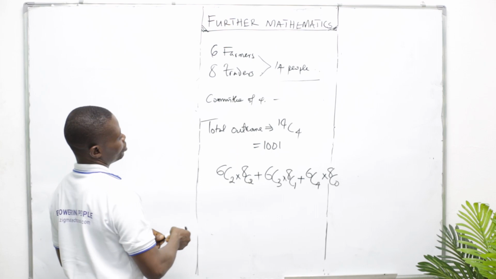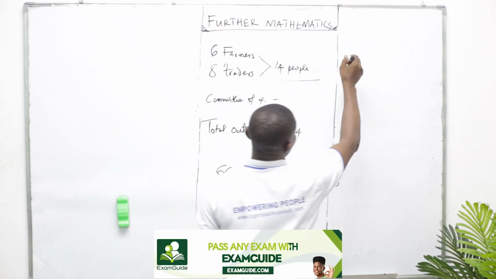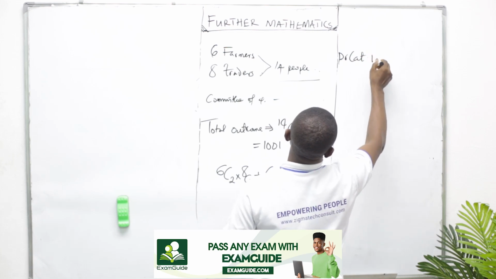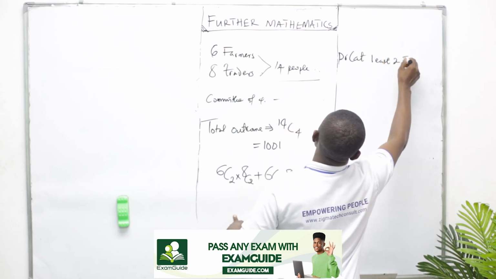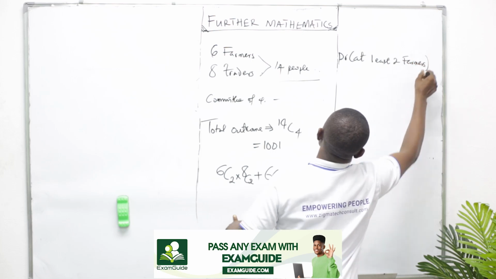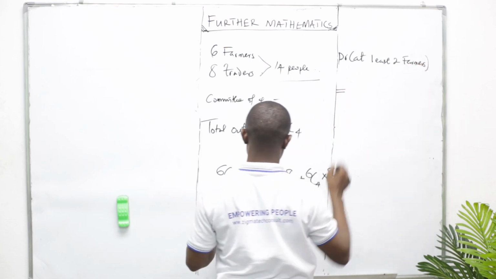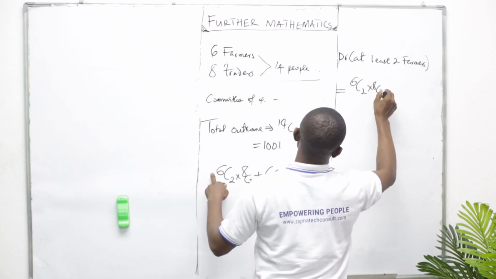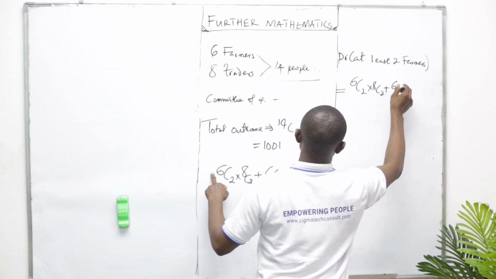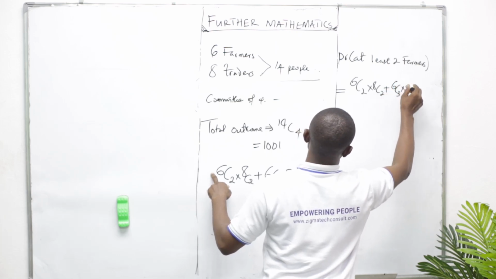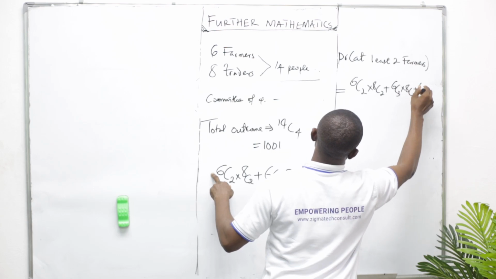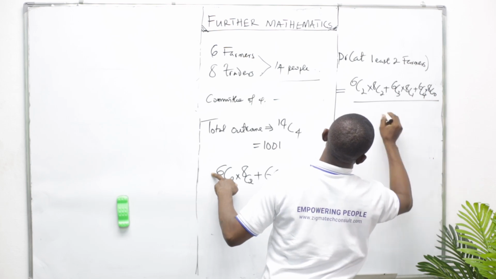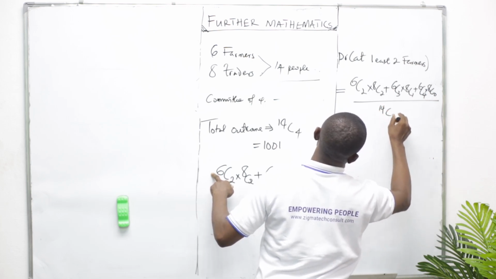So we are working on the probability of at least 2 farmers. That equals 6 combination 2 times 8 combination 2 plus 6 combination 3 times 8 combination 1 plus 6 combination 4 times 8 combination 0, divided by 14 combination 4.